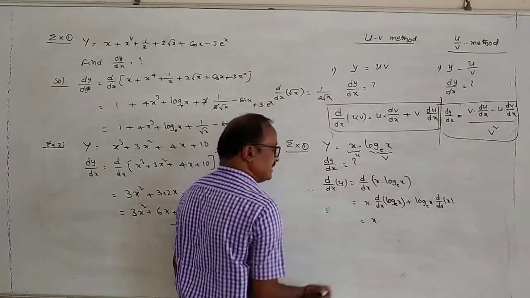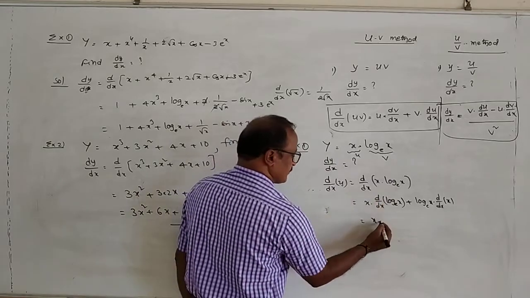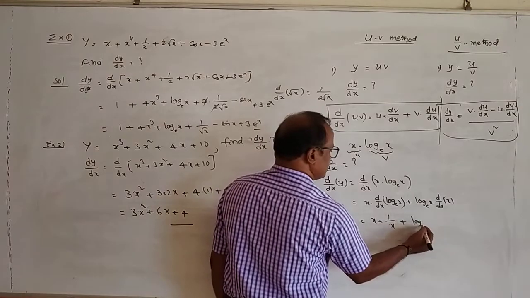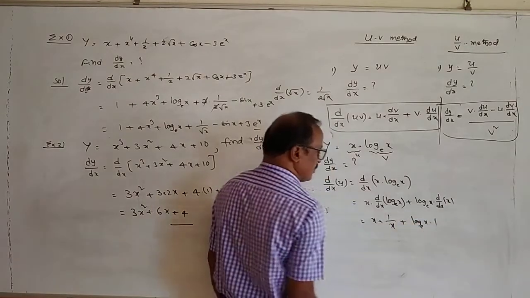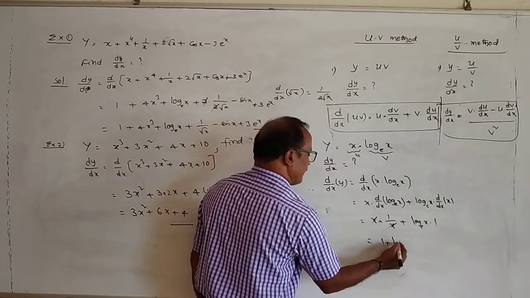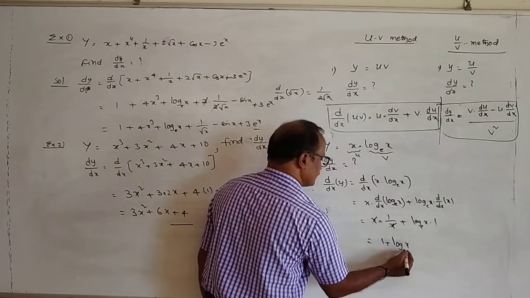So that is x into d by dx of log x, whose value is 1 by x, plus log x into d by dx of x, which is 1. Finally, here x and x cancel. 1 plus log x. Okay?